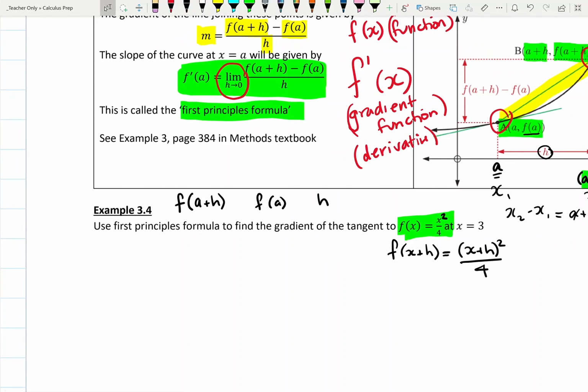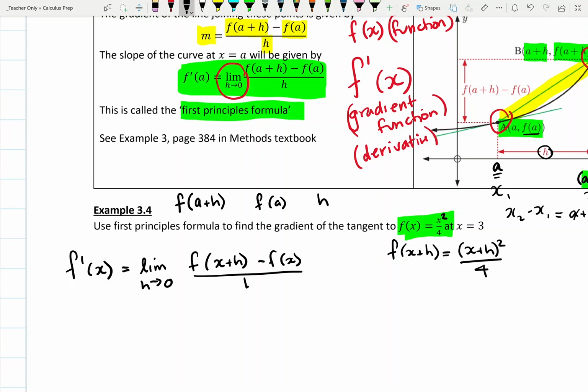Now, f dash of x, so the derivative for any value of x, is the limit as h approaches 0 of f of x plus h minus f of x on h. We haven't done anything with the limit, so we write the statement down, limit as h approaches 0.